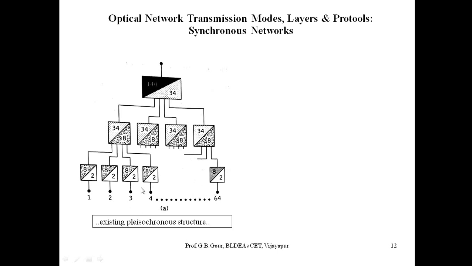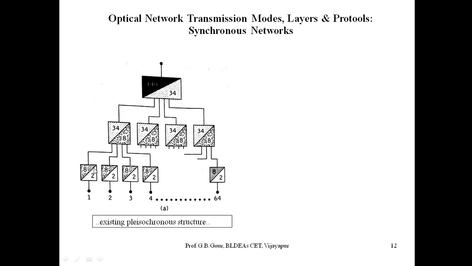Now what is happening here is that if we send each of these PCM primary multiplex groups supporting 2 Mbps separately, each one will have its own clock. Each of the 64 channels will have its own clock. Now you are combining 4 such 2 Mbps PCM primary highways to provide 8 Mbps.